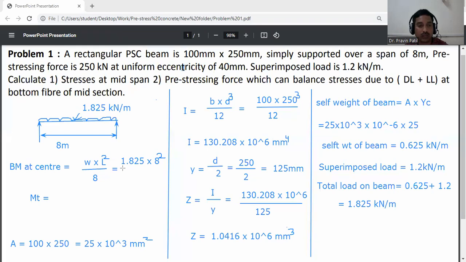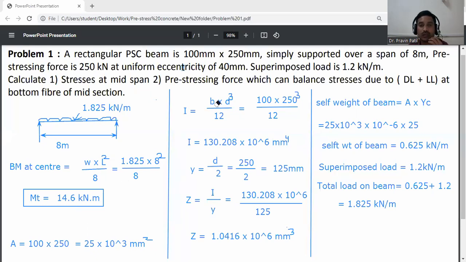Just put in the values. W is 1.825 into 8 square divided by 8. So it will be 14.6 kilonewton meter. This is the total bending moment, MT equal to 14.6 kilonewton meter.